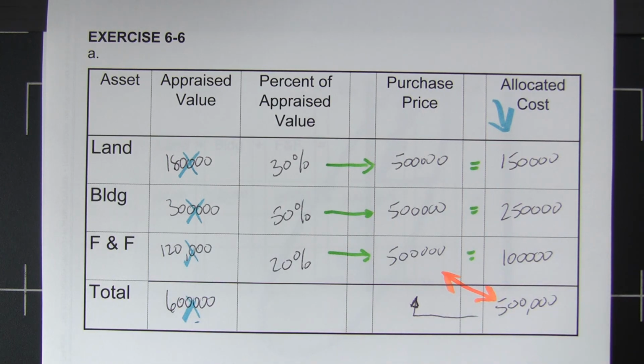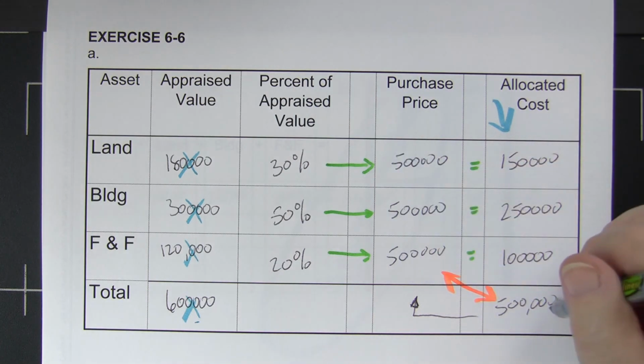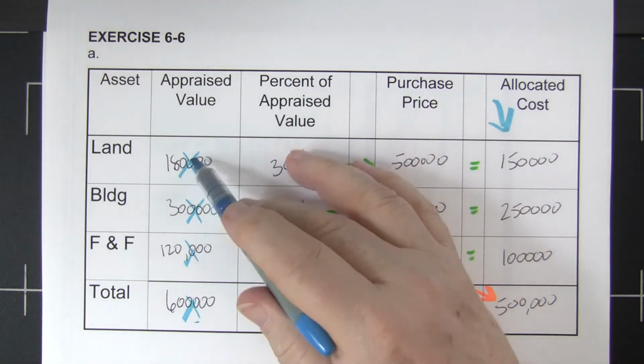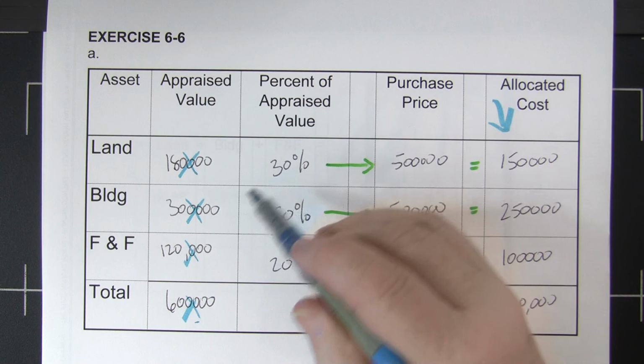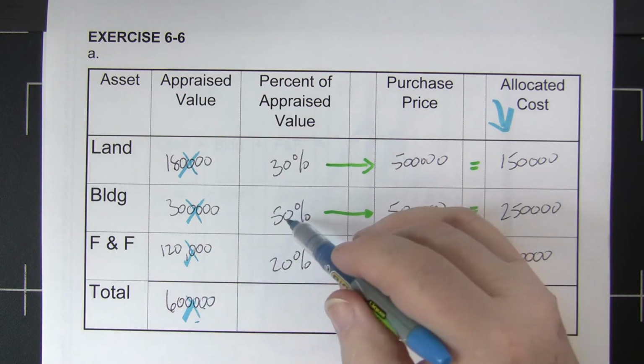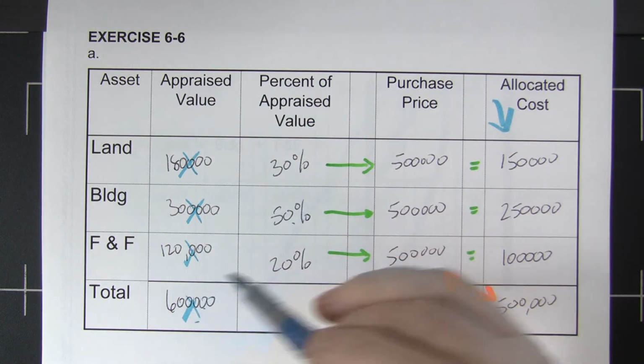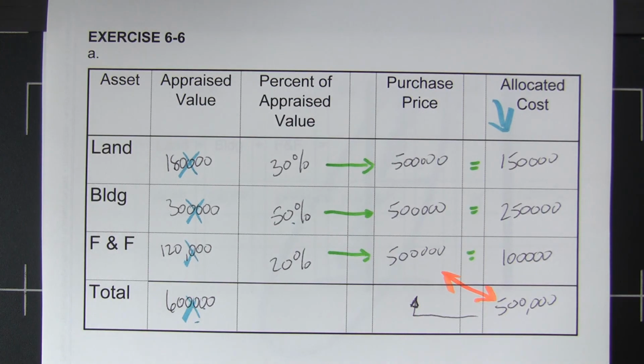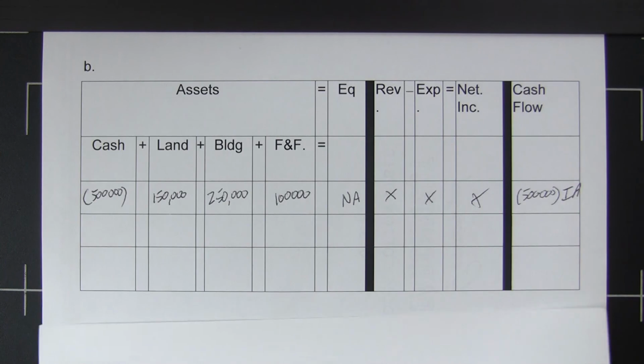We got a deal. Convert 180 over 600 to 30%. 300 over 600 to get 50. 120 over 600 to get 20. And that's the number we care about. And that's the only number we record. Nowhere do we record, oh, we got a deal, this is what it was appraised at. No. This is what we allocated, this is what we recorded, this is what we paid for the asset.